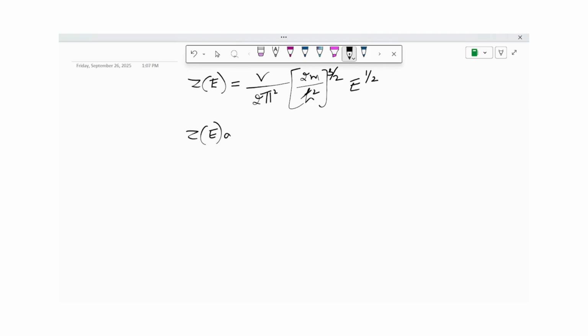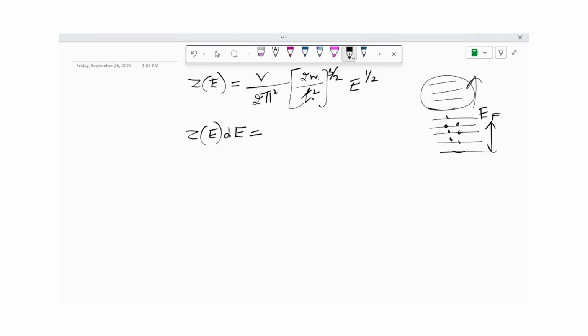So we have calculated Z(E) to be equal to V/π² (2m/ħ²)^(3/2) E^(1/2).